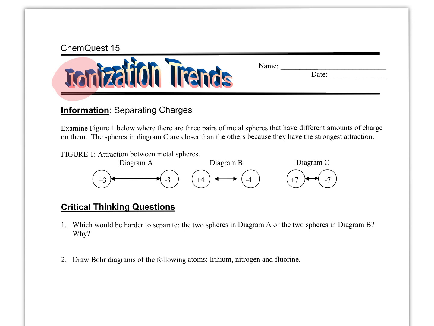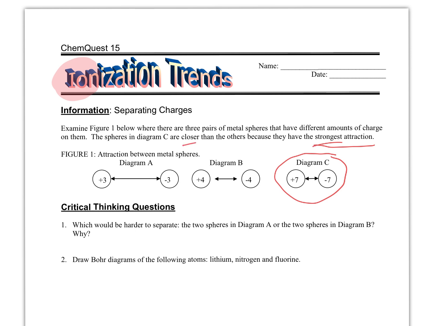So let's look at our diagrams here and see what we can analyze. The spheres in diagram C have the strongest attraction, so they're closer because they are the strongest.